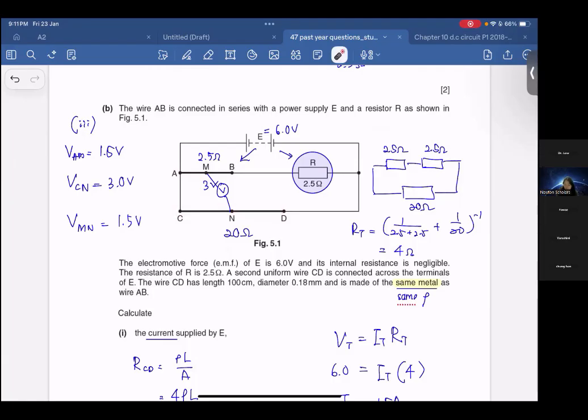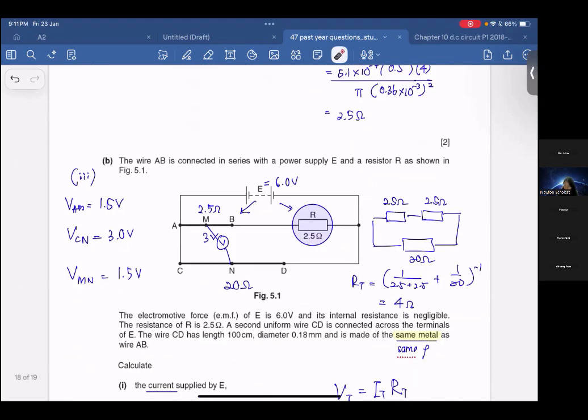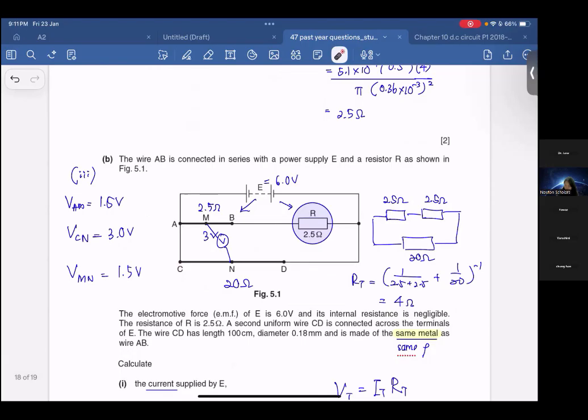Why is the wire 3.0 volt? This one is 2.5 ohm. Just now we did the calculation, so we get this. CN here. Because dear, you look at this path, the only resistance is this wire CD. That means this CD will receive 6.0 volt.